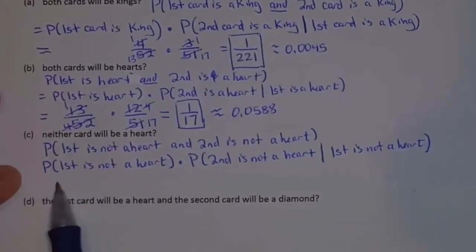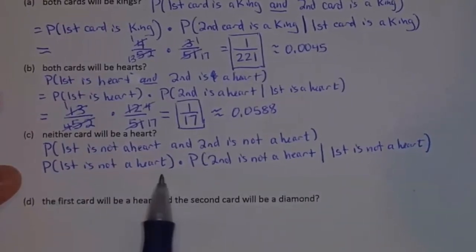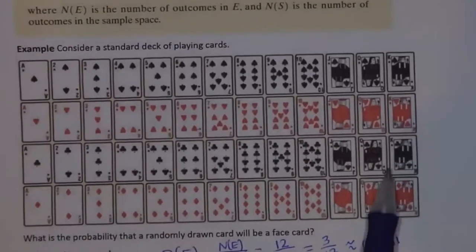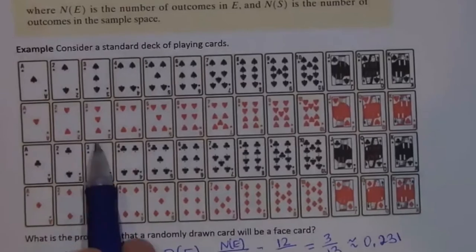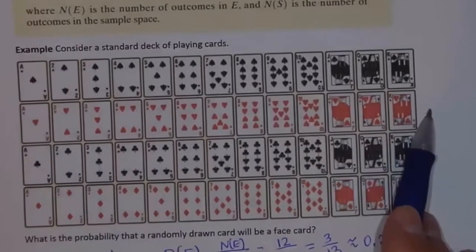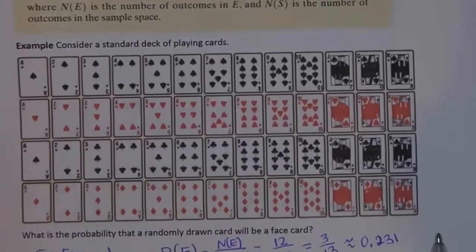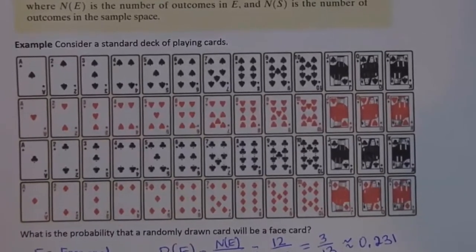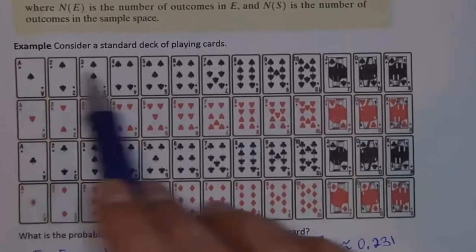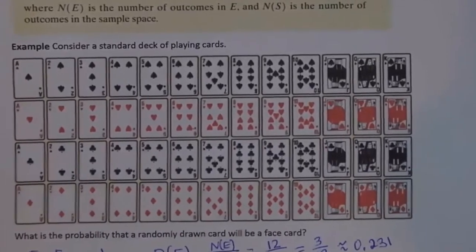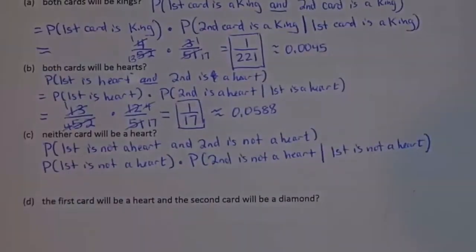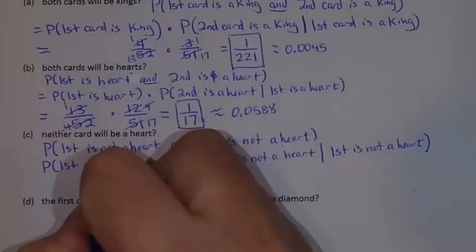So what is the probability that the first card's not a heart? Well, we could figure that out a couple of different ways. One, there's 13 hearts, right? So that means there has to be 39 cards that aren't hearts, since there's 52 cards altogether. So add the spades, the clubs, and the diamonds together. There are 39 not hearts.